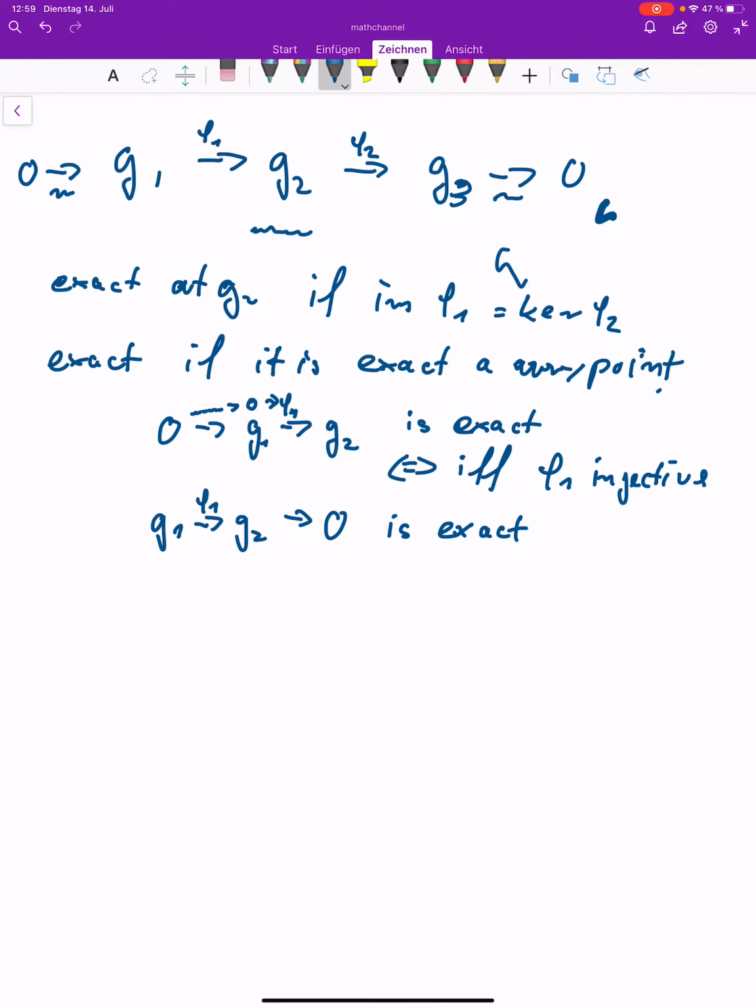In which case is this exact? Well, I think you can guess it. This is exact if and only if phi1 is surjective.